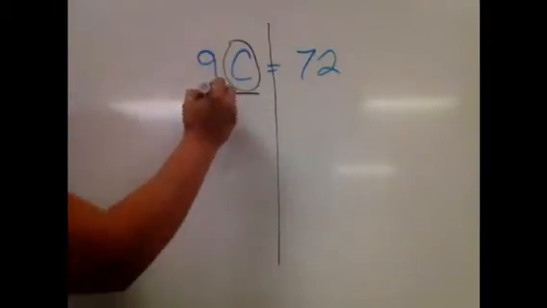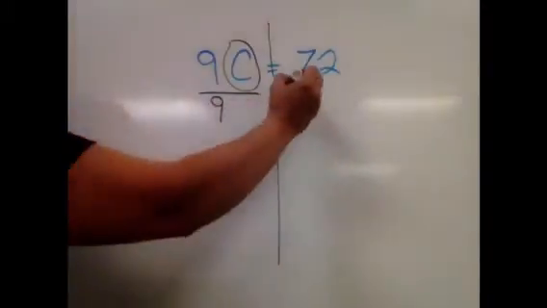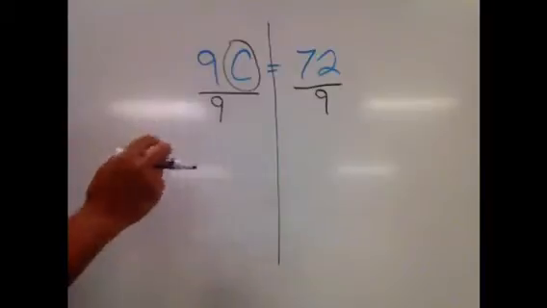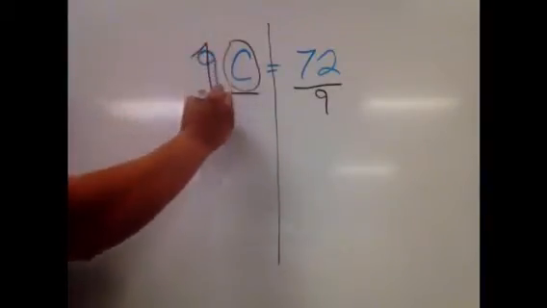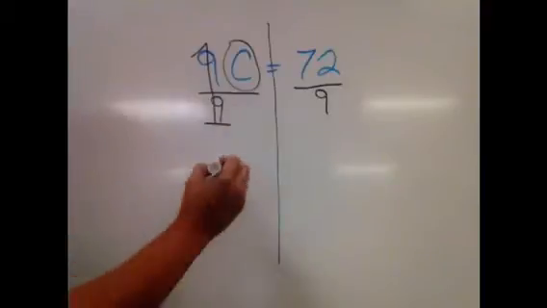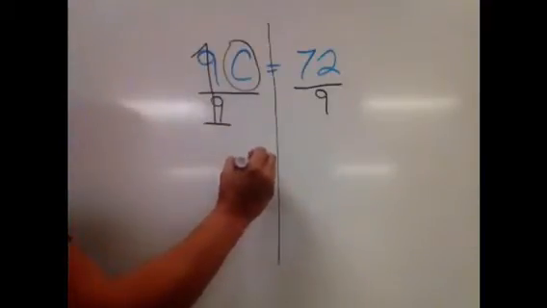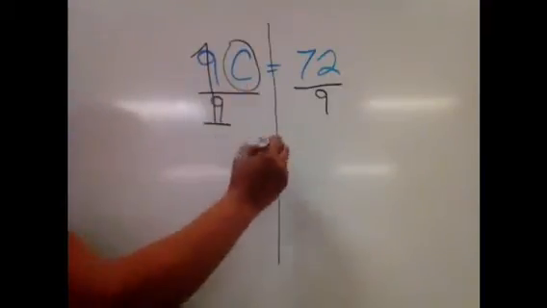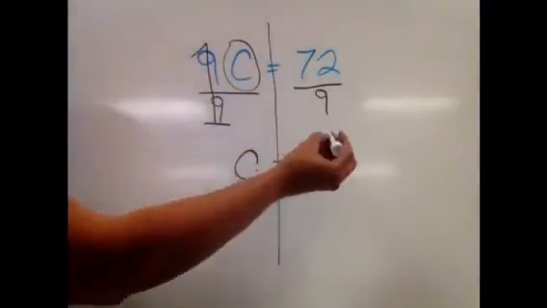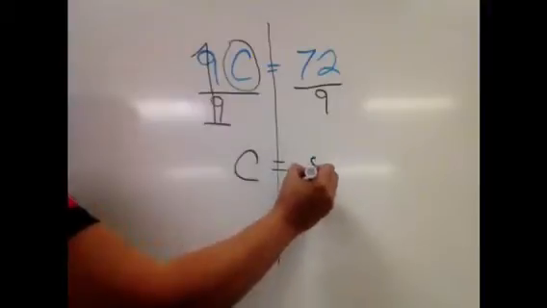So 9 divided by 9, remember, becomes 1. Okay, 1 times C. 1 times anything is the other number. In this case, 1 times C is equal to C. 72 divided by 9 is 8.